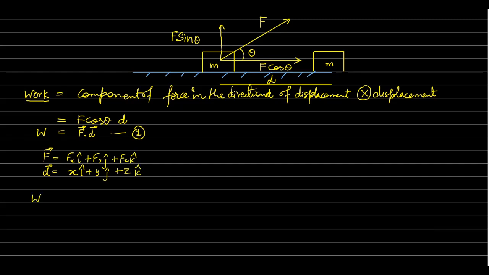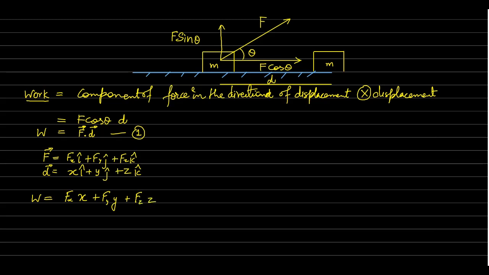If we want the dot product of F and D, simply it will be Fx into x plus Fy into y plus Fz into z.